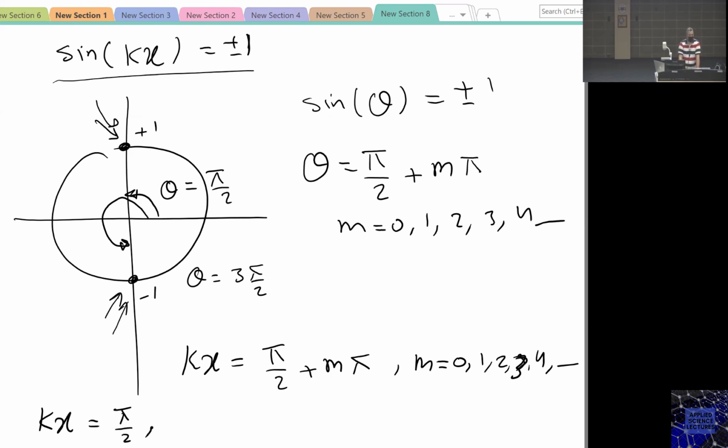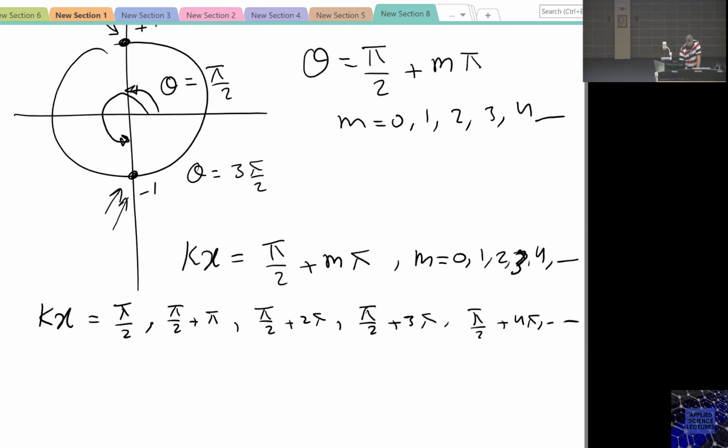The next one, when m is 1, becomes pi over 2 plus pi. The one after becomes pi over 2 plus 2 pi, pi over 2 plus 3 pi, pi over 2 plus 4 pi, and so on.